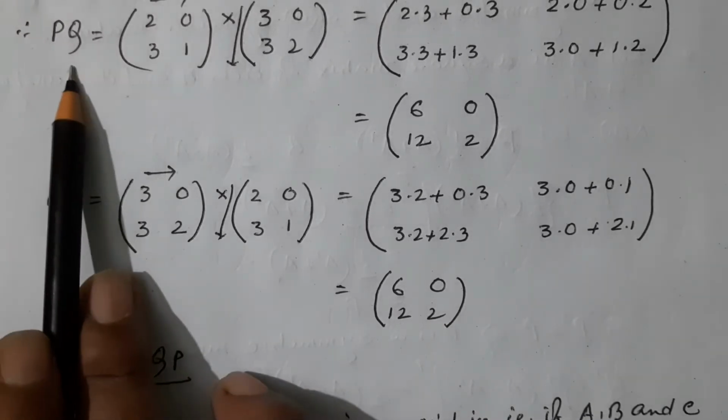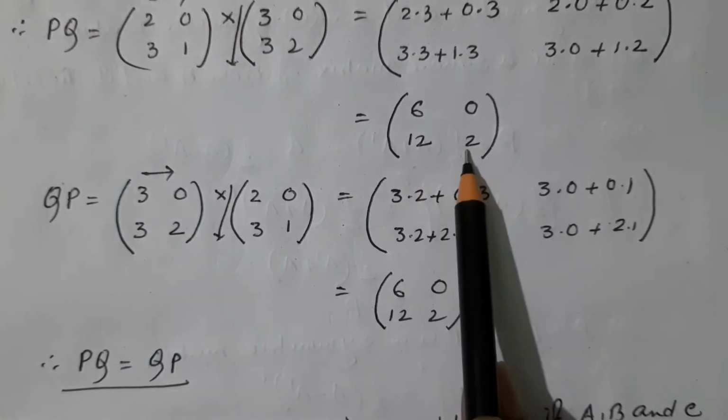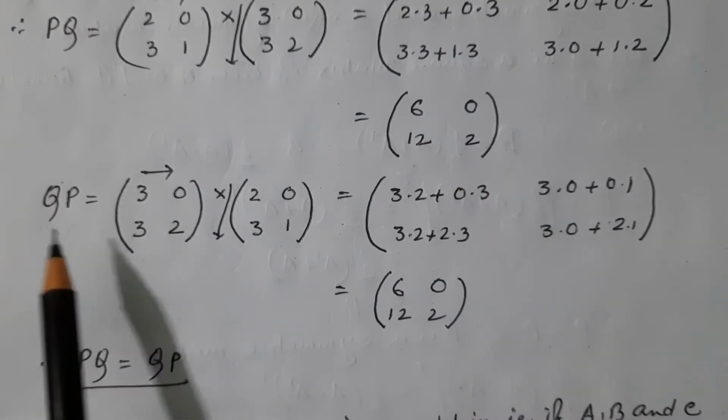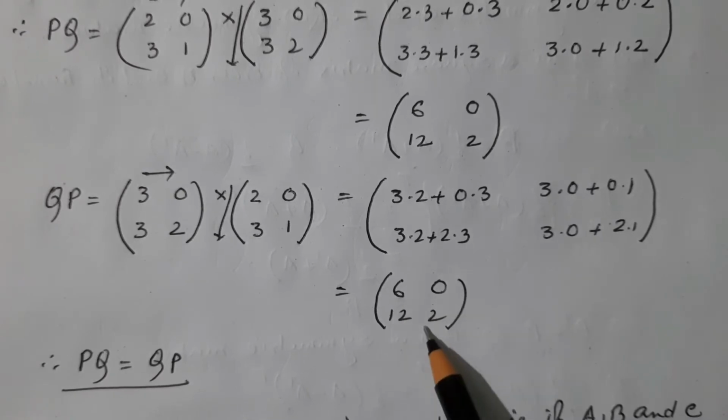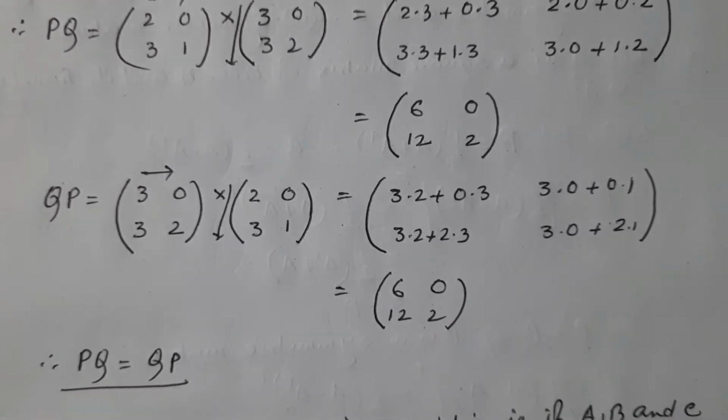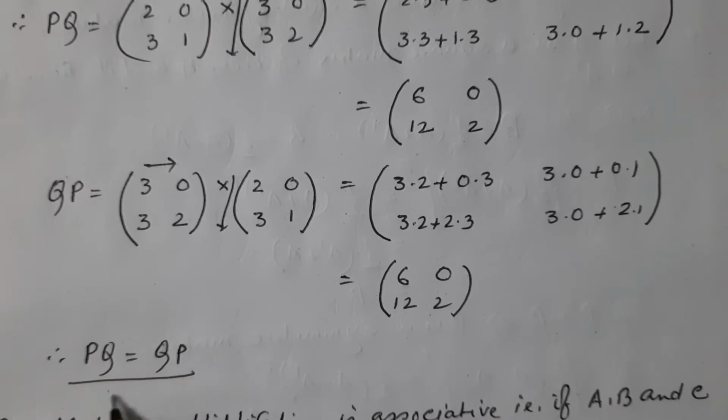So here PQ equals 6, 0, 12, 2. This is a 2 cross 2 matrix. When we multiply QP, we also get 6, 0, 12, 2. So these two matrices are equal. Therefore we can say PQ equals QP. This is the exceptional case.